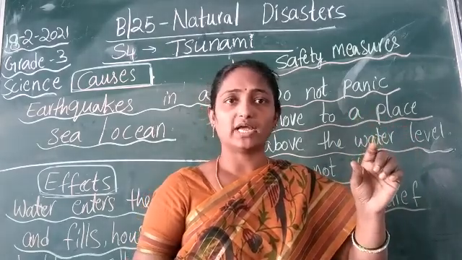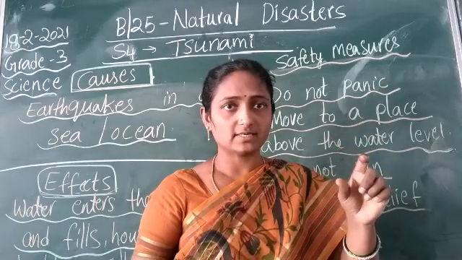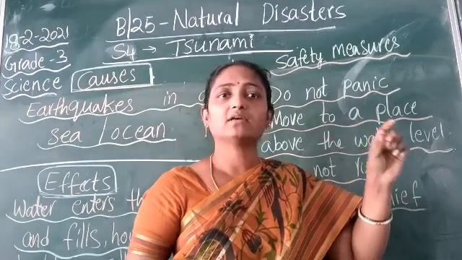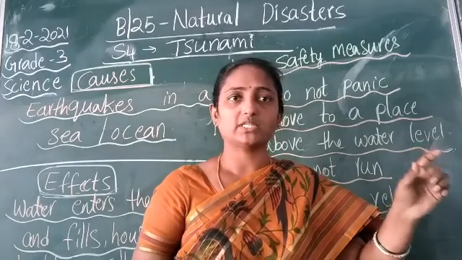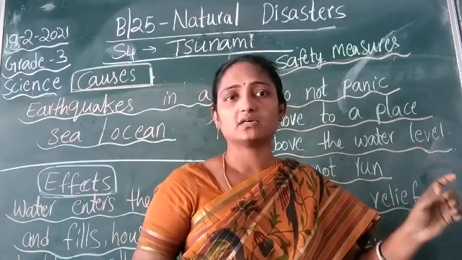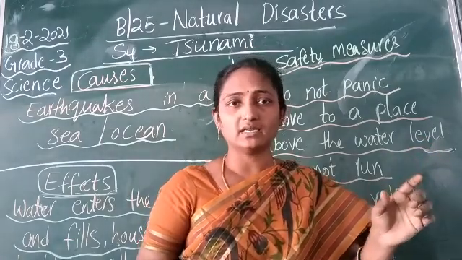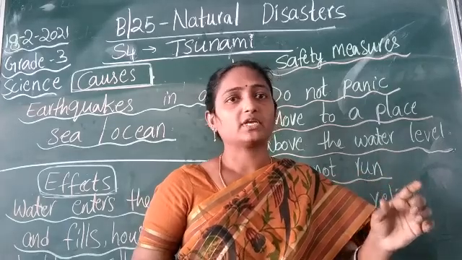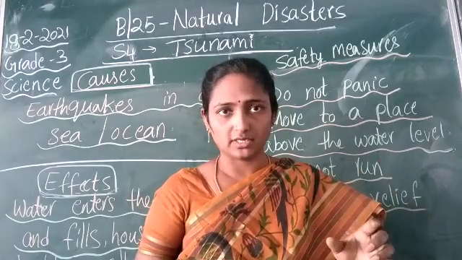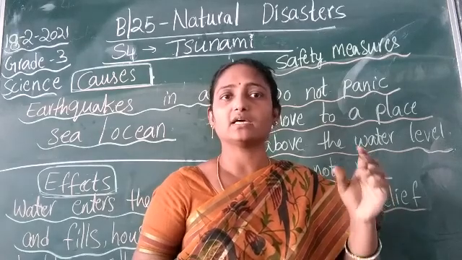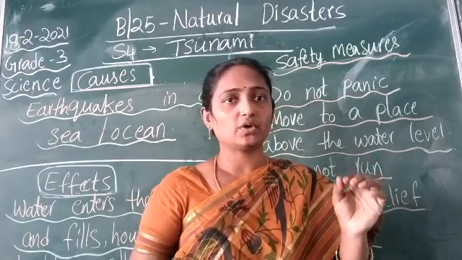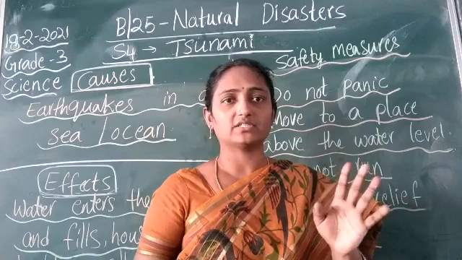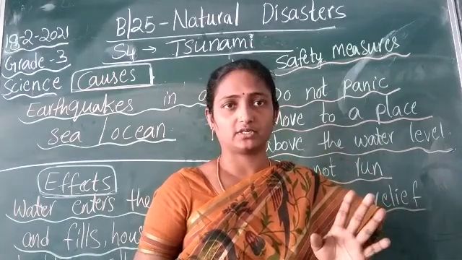After that, write its causes, effects and safety measures, and the relief measures given by the government. Write about recently occurred disasters. If there are only 2 or 3, select any other 2. At least write 4 to 5 natural disasters in your project work.